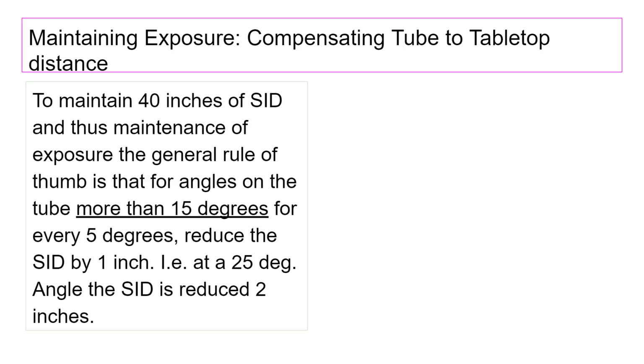Just measure and make sure you always have 40. Kind of easier than trying to figure it out. Even if you use this rule in your mind, you still want to confirm it by measuring, I would say.